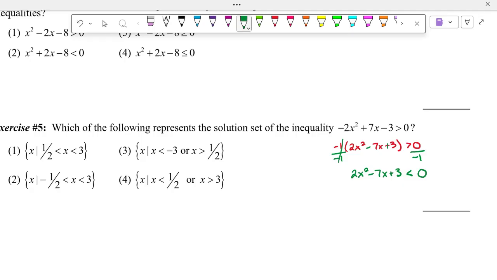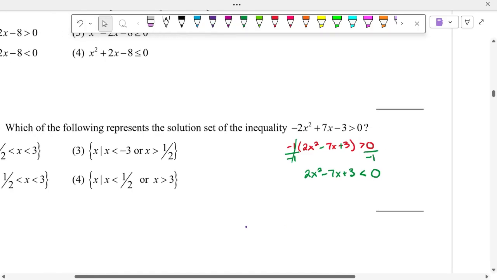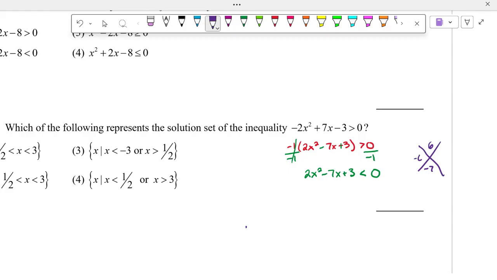Now, if we kind of just take a gander at this, just for time's sake, I'm going to go ahead and have this factored for you. If I did 6 on top, -7 on bottom, I would have to have -6, -1.